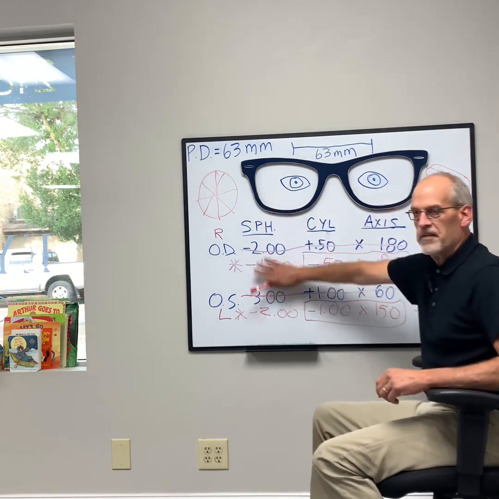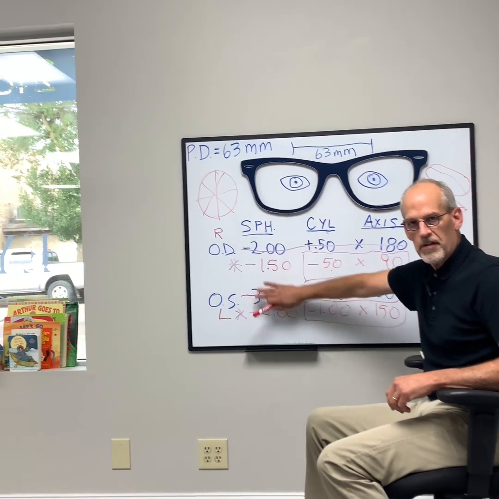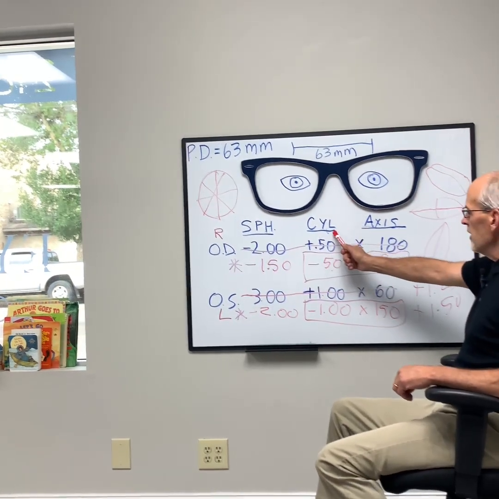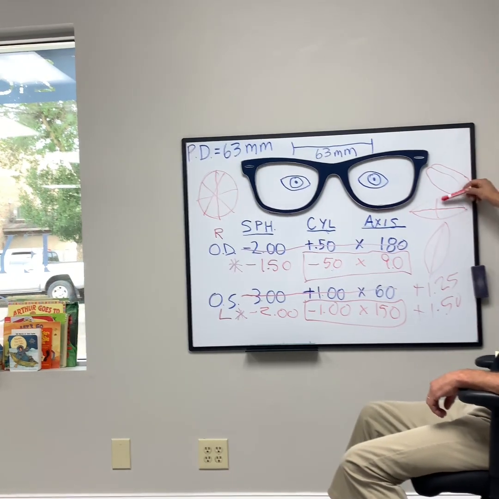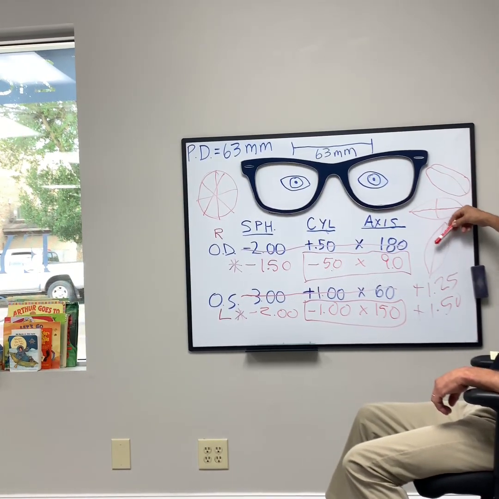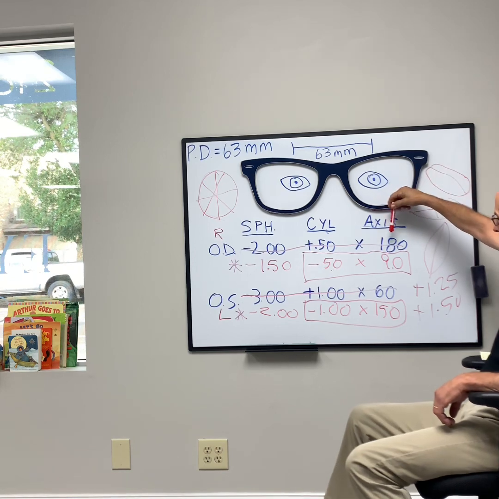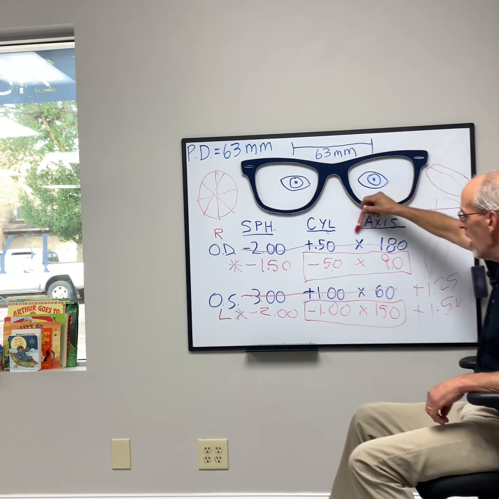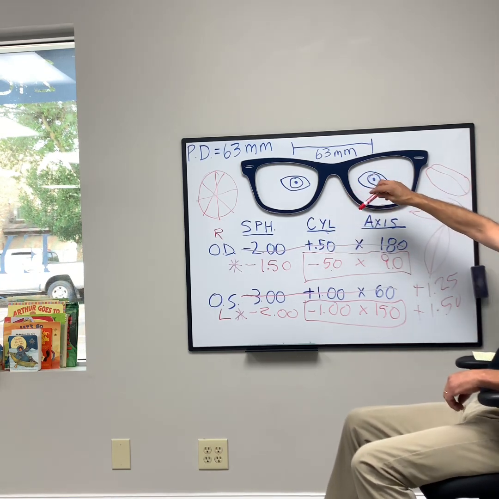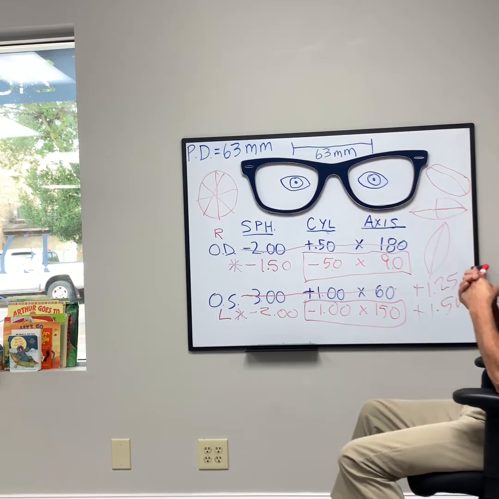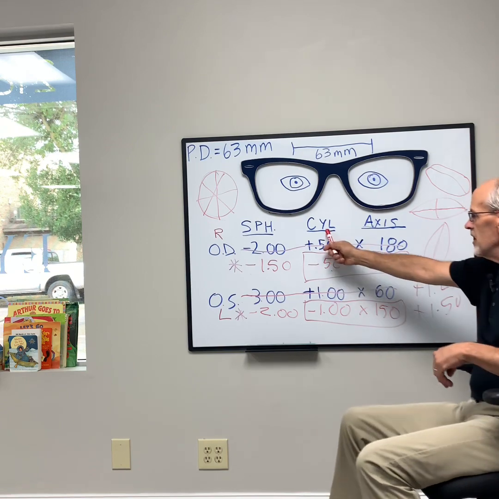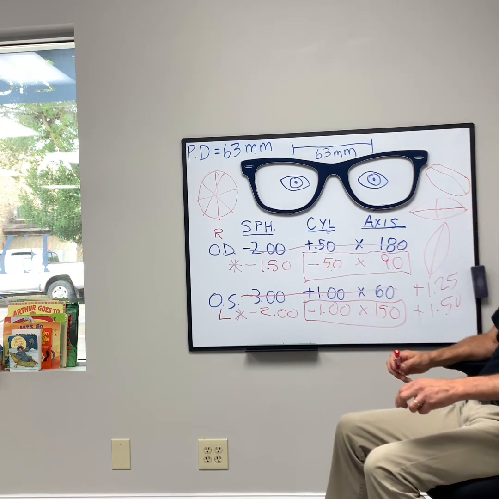Sphere tells us nearsightedness or farsightedness. Cylinder tells us the amount of astigmatism or the amount of misshaped of the cornea, and the axis tells us where the astigmatism needs to be corrected.